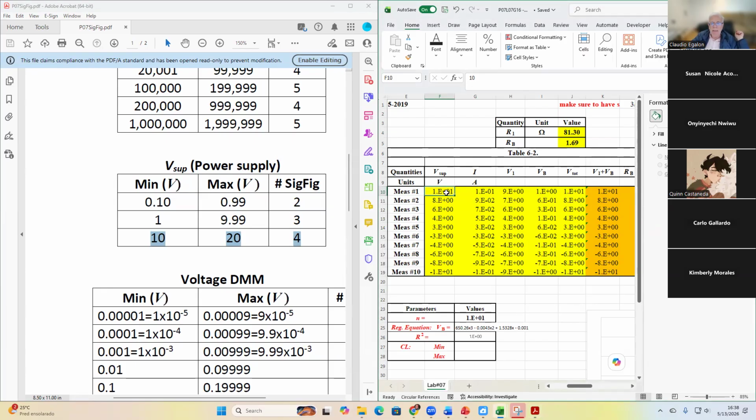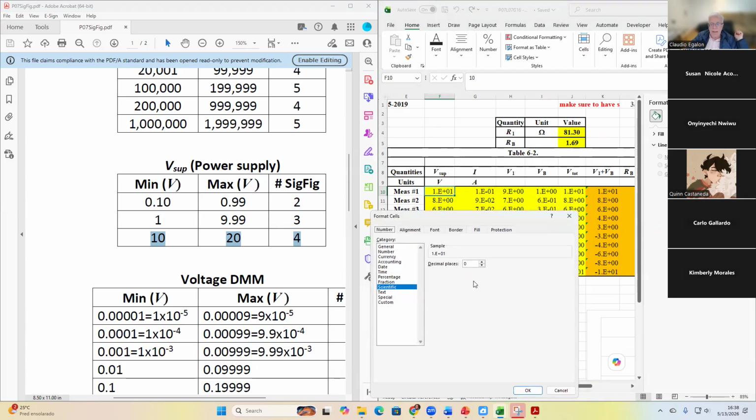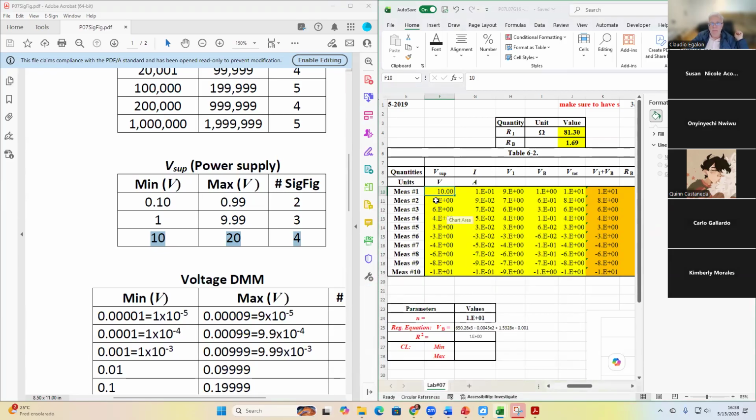In my case, I have 10 exactly. The numeric value 10 must have 4 significant figures. So we have to format it in numeric format with 2 decimal places. Okay?